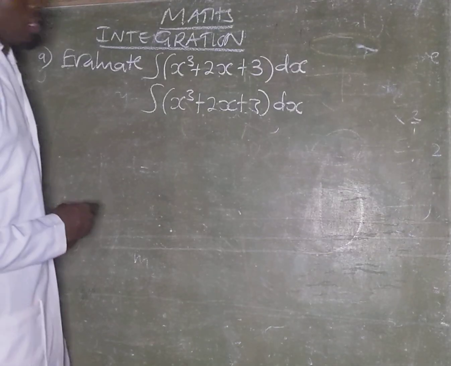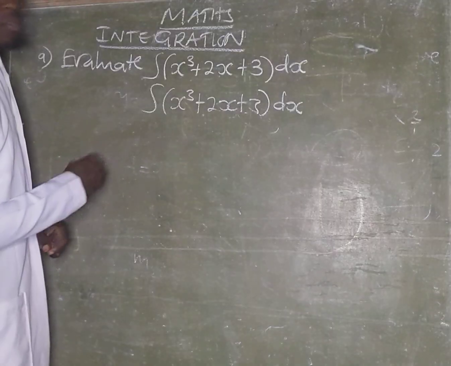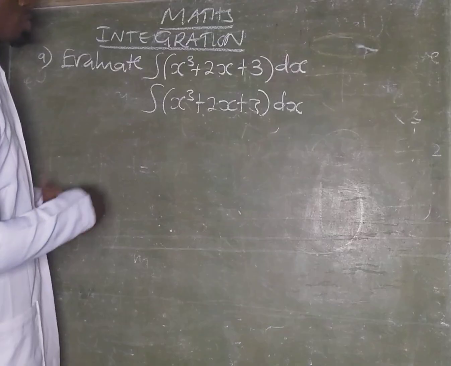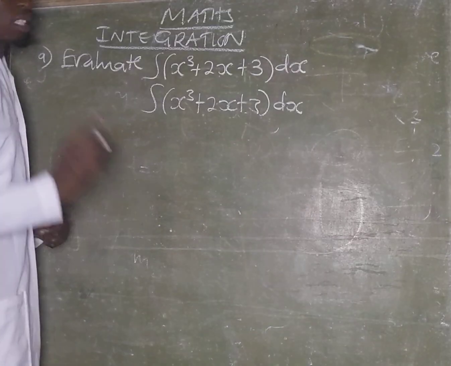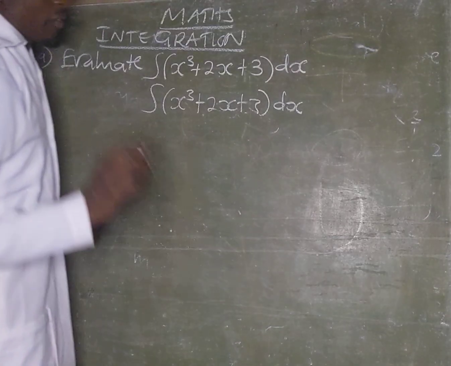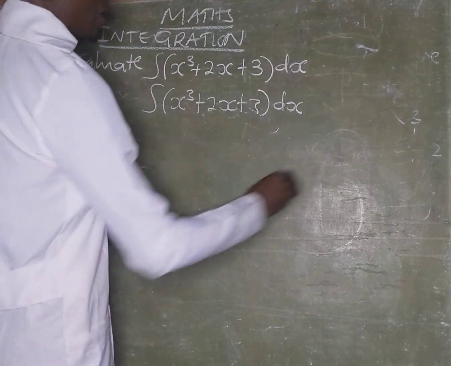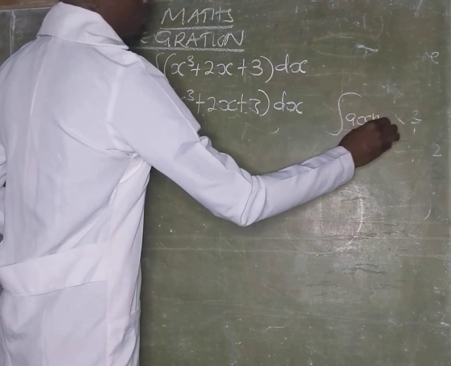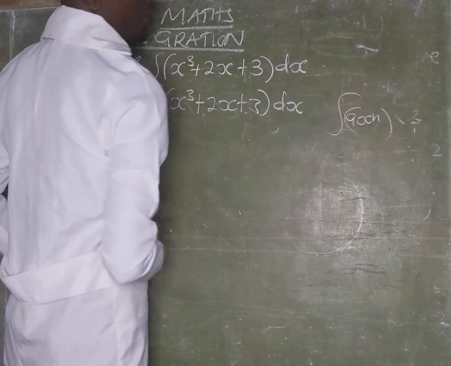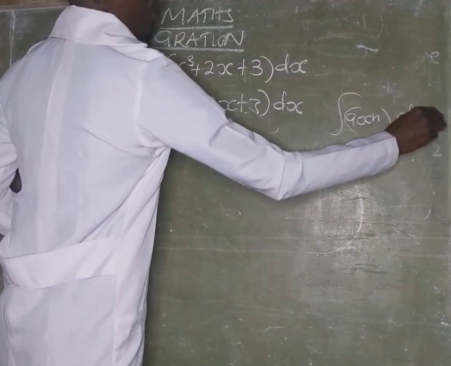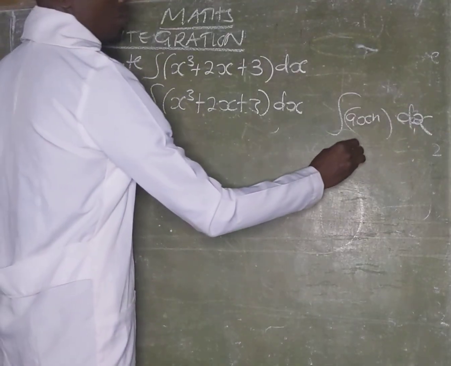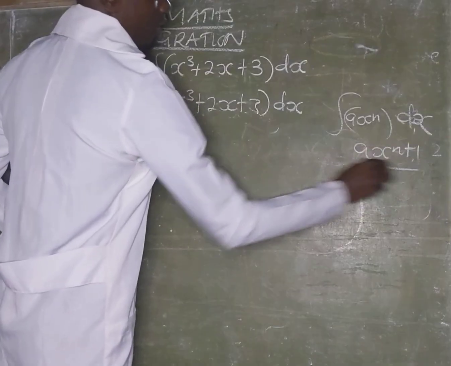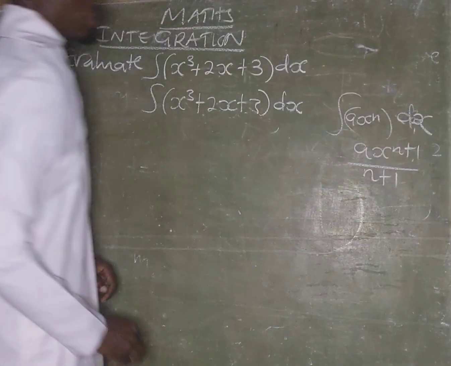Now I'm going to integrate this one, and we have the formula. If you have any function given, the integral of a x raised to the power n, dx, can be integrated by the formula.